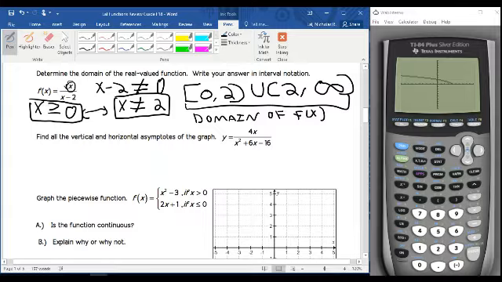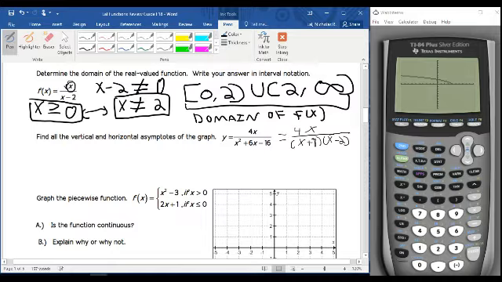So we have x squared plus 6x minus 16. This can be factored as, you'll just get this with practice factoring, x plus 8 and x minus 2.